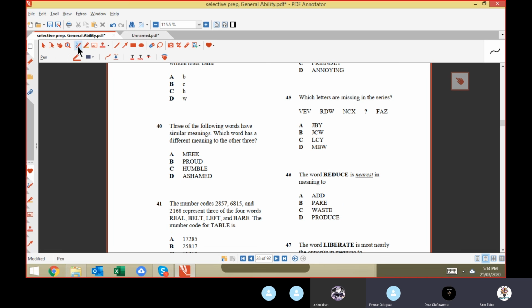45. Which letters are missing in this series? Okay, I think I might have to copy this again.